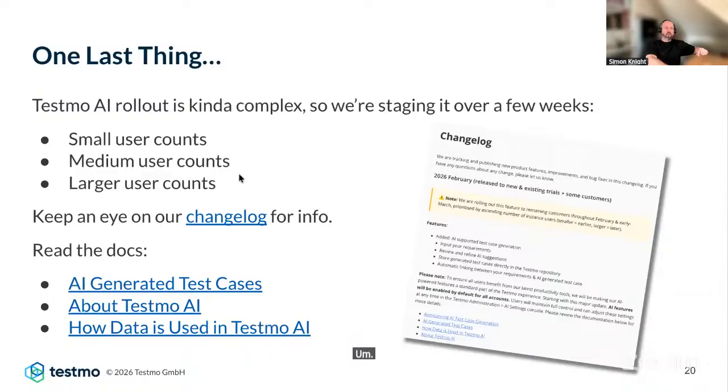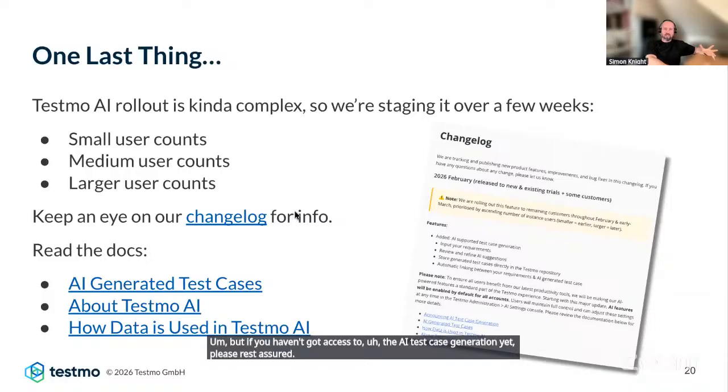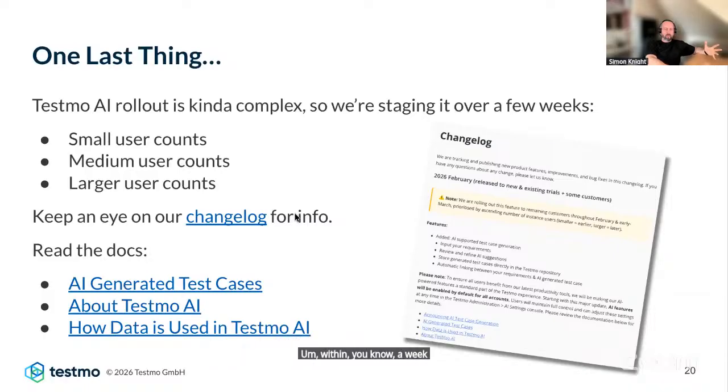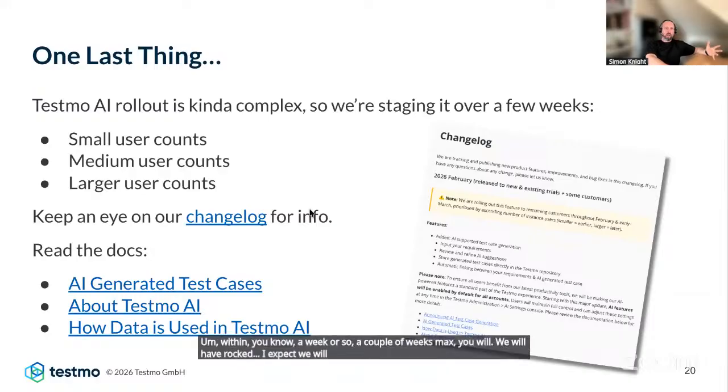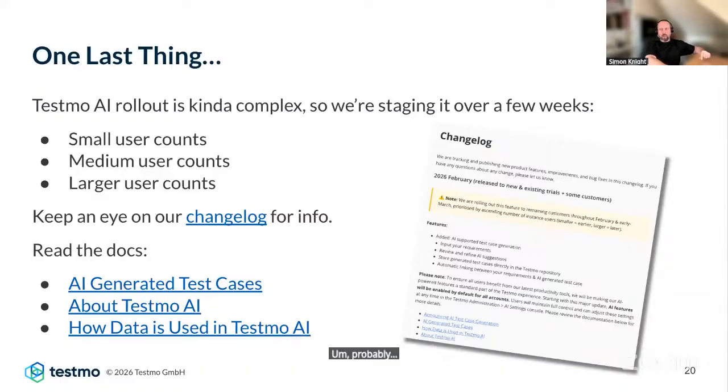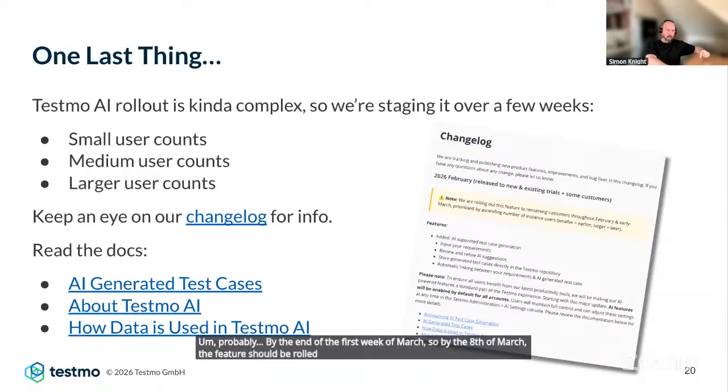But if you haven't got access to the AI test case generation yet, please rest assured within a week or so, a couple of weeks max, you will. I expect we will have rolled it out to all of our customers, probably by the end of the first week of March. So by the 8th of March, the feature should be rolled out to all of our customers.